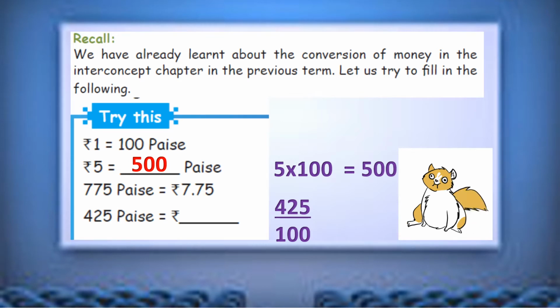So 4 times will come, and the remaining 25 is a 2-digit number lesser than 100, so that will be the remainder. Then you can split like this. So 4 rupees and 25 paise is the correct answer here. Hope you understand. Let us move to the next one.